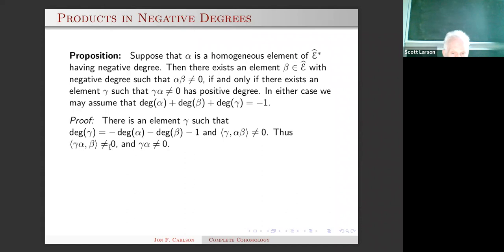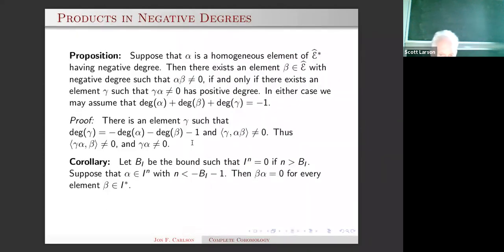So that gamma alpha is going to have positive degree here. Okay. So as I say, if I've got two elements in negative degree with non-zero product, then I've got to take an element of positive degree and multiply it times either one of them and get it into positive degree.